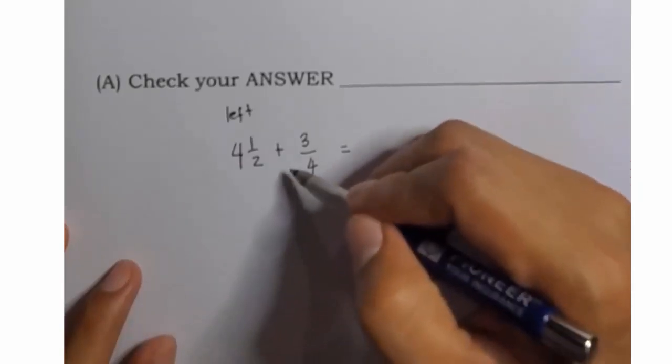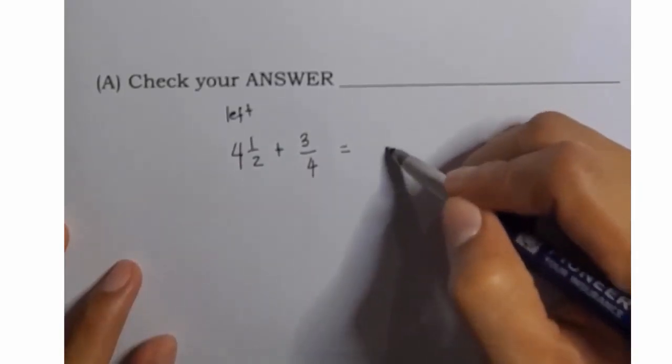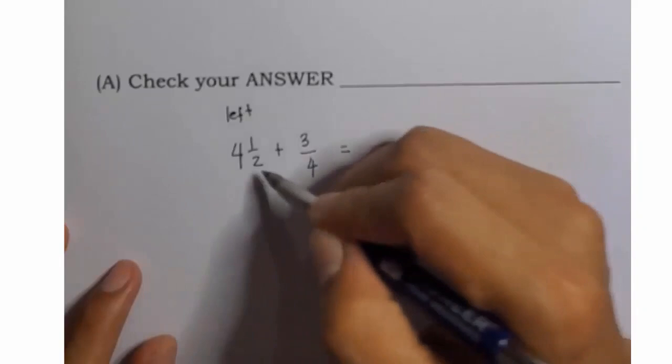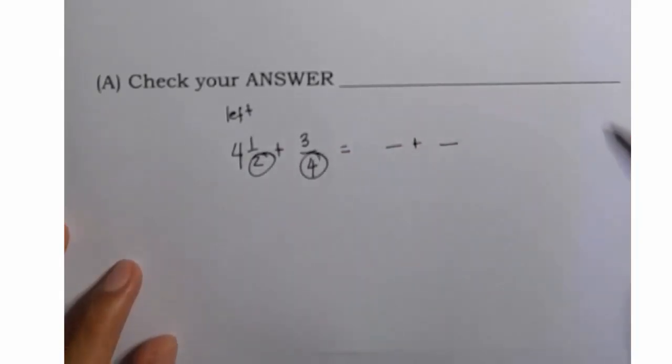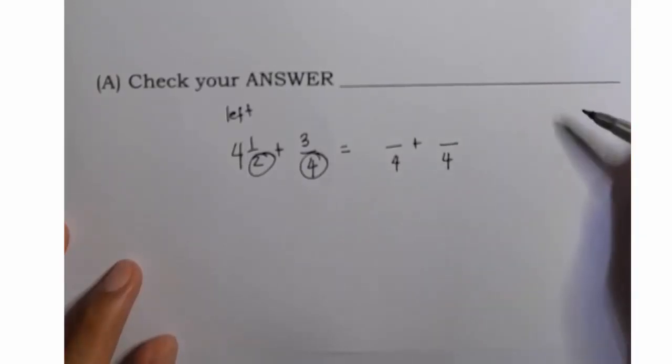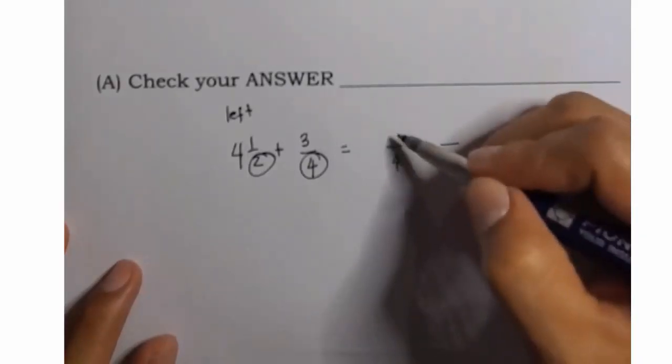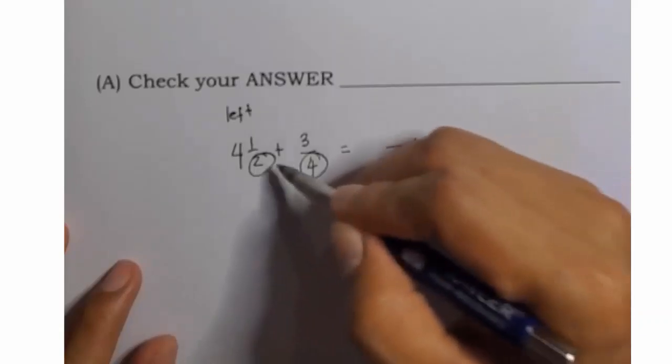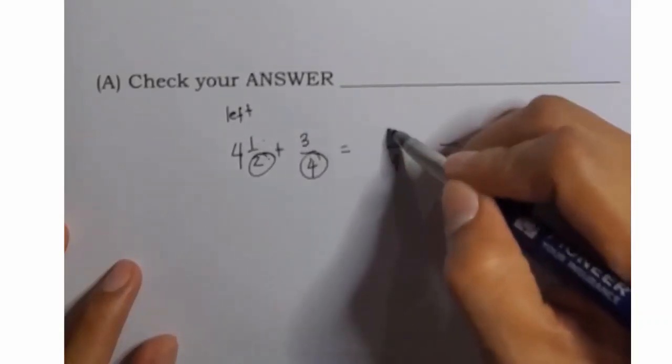If we try to add these two numbers, of course, we could not simply add them because they don't have the same denominator. So, look for their common denominator, 4. Then after that, look for their new numerators. 4 divided by 2 is 2, times 1, that is 2.